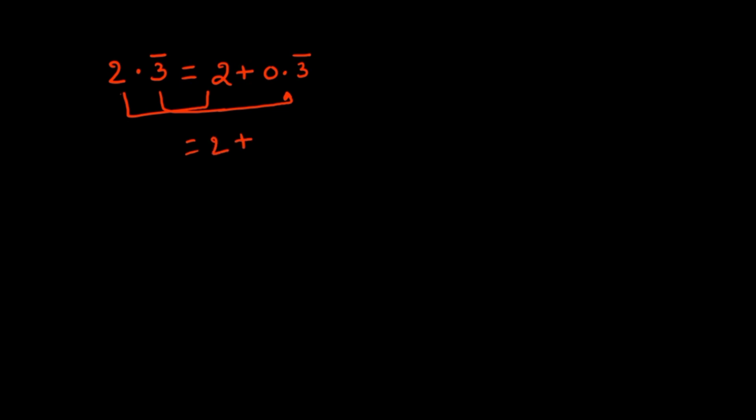Just now I am doing rough work. Already we have discussed how we write 0.3 bar. Yes, this is 3 by 9, and you can cancel 3 by 3. This is 1 by 3. So directly you write now 2 plus 1 by 3, which is nothing but 2 and 1 by 3.